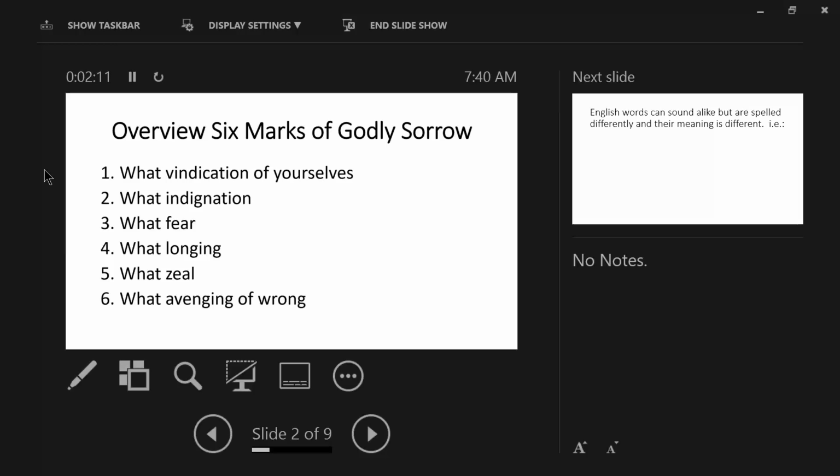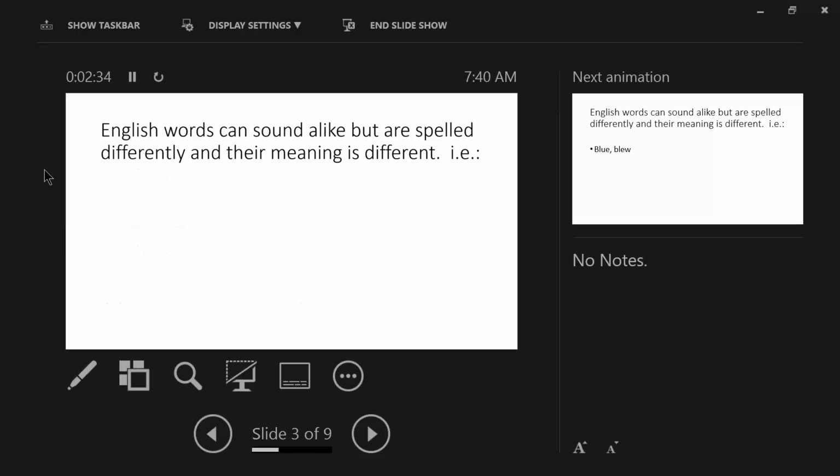However, we need to have a little English lesson this morning before we dive into these words, because each of these words carry a particular Greek nuance that the readers would understand. So with that in mind, let's take a look at some English words that can sound alike but are spelled differently, and their meaning is different.